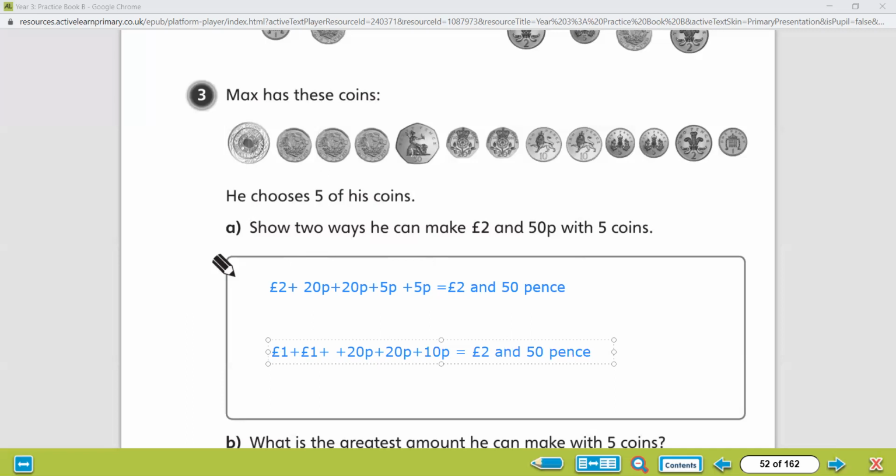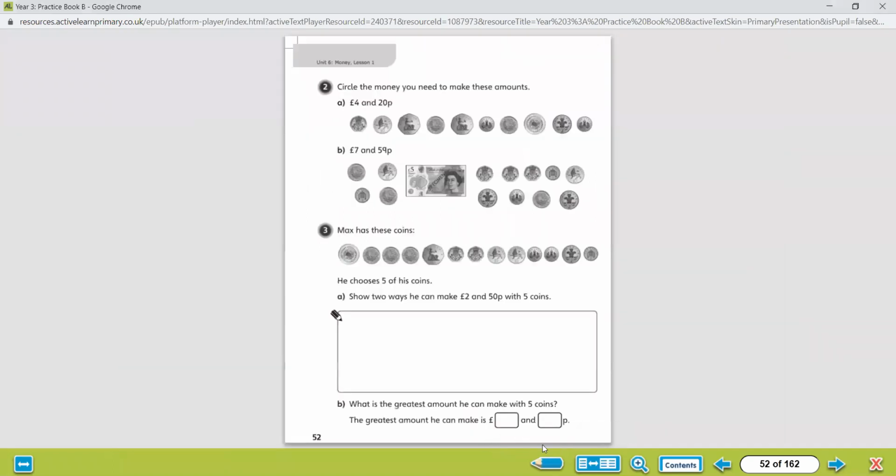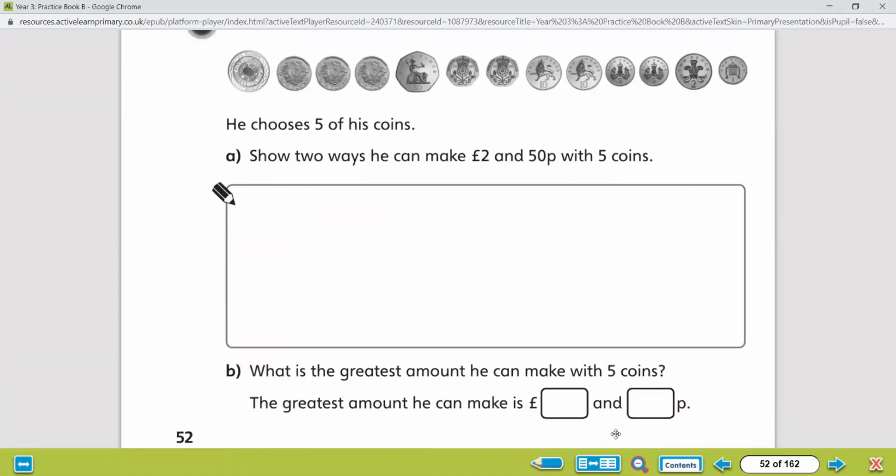Okay, right. I'd like you to have a go at question 3b. Question 3b says, what's the greatest amount he can make with 5 coins? To make the greatest amount, you're going to have to use the biggest coins.